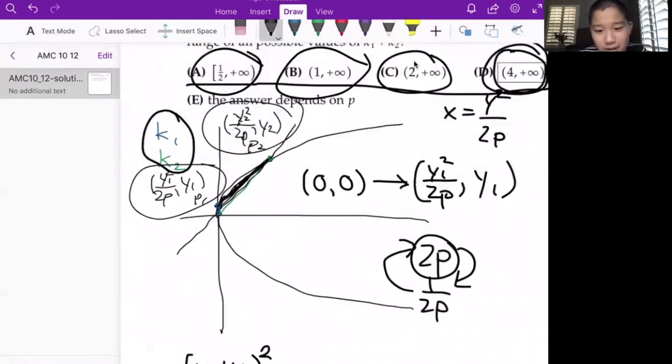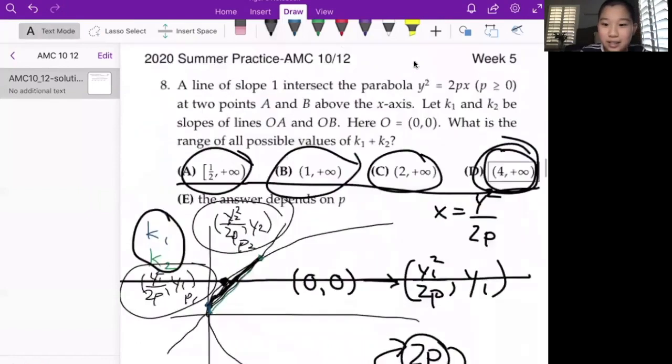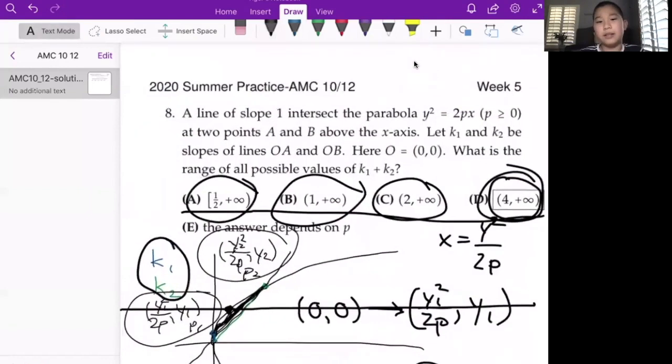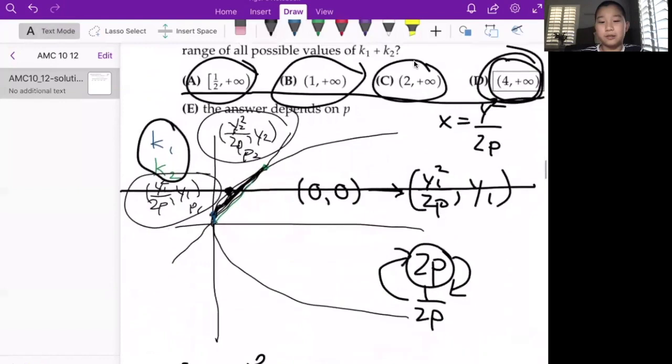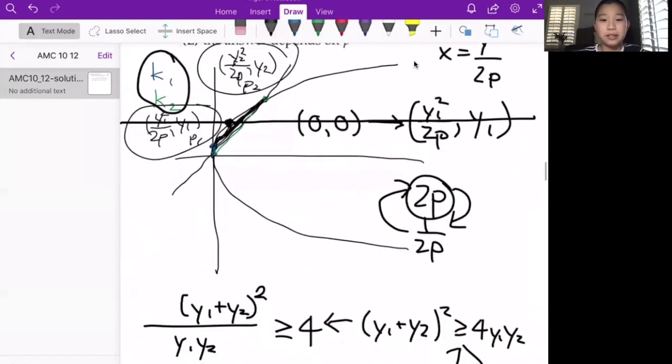If the y-coordinates of both points were equal, then they would be the same point, since they also have to be on the parabola. So they would both be right there. And it says in the problem, or it implies, that they are distinct points. So that means we can't have exactly 4, and we'll have something that is just a little above 4.